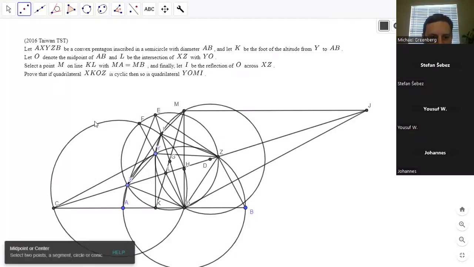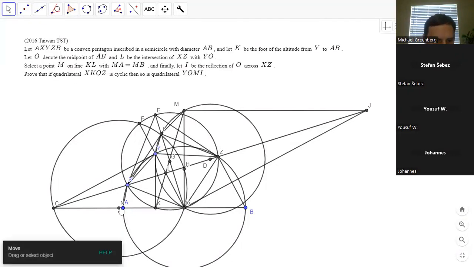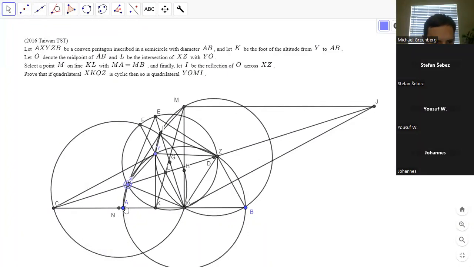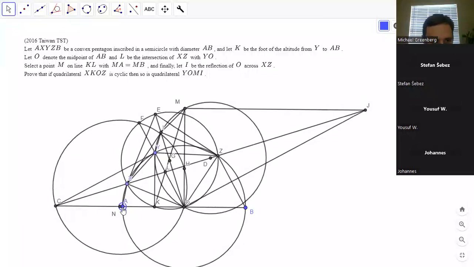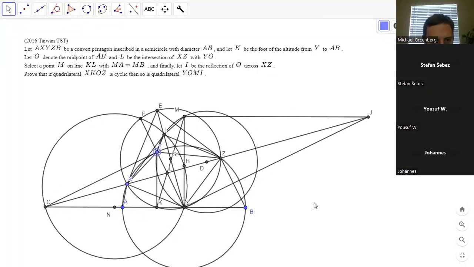So if you join the midpoint of OC, then that midpoint is obviously equidistant to O and Y. That is because we have that angle CYO is 90. So we would need to show that D is also equidistant.